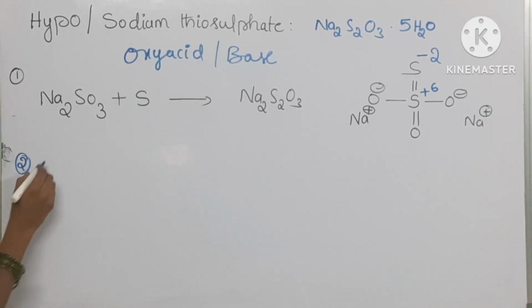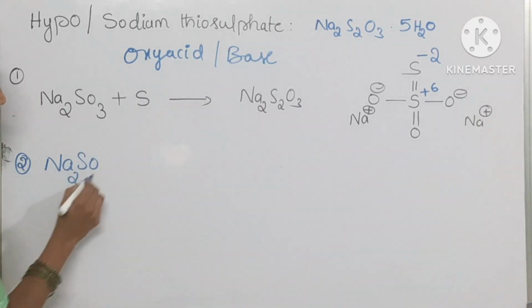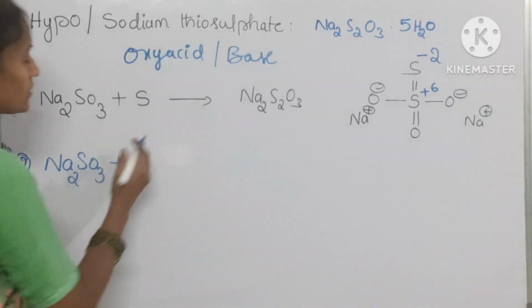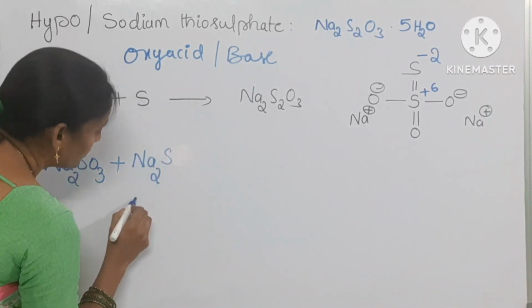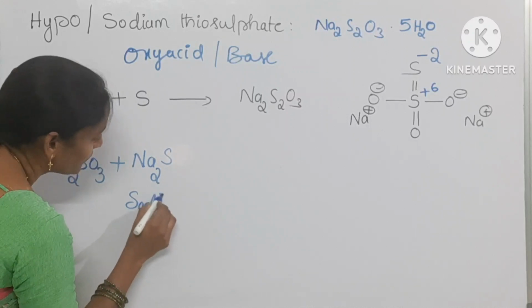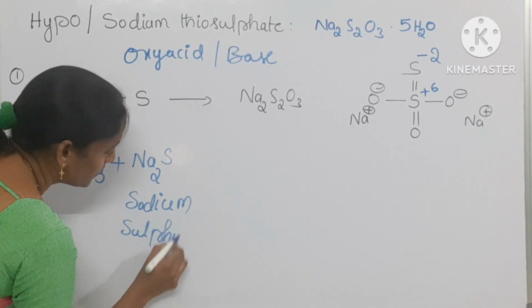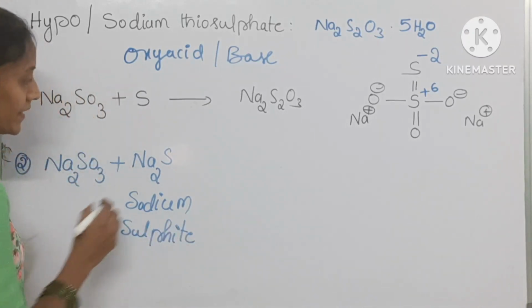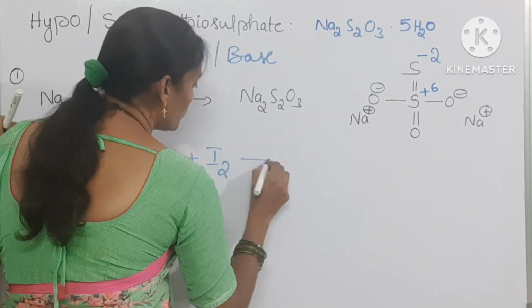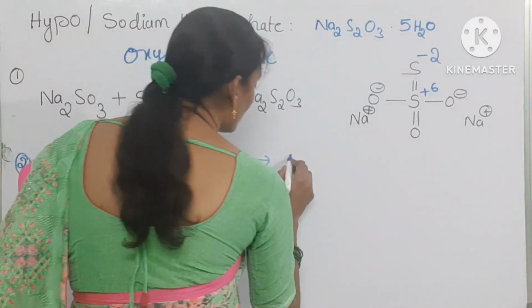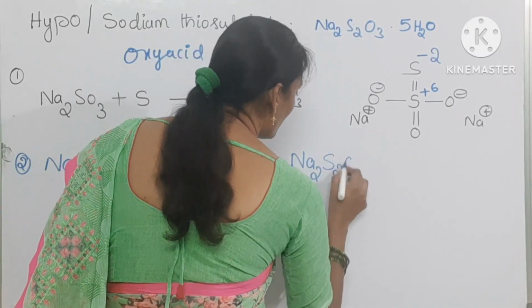In the second preparation method, you can see the same sodium sulfite, Na2SO3, reacting with sodium sulfide, along with iodine. So you will get sodium thiosulfate, Na2S2O3.